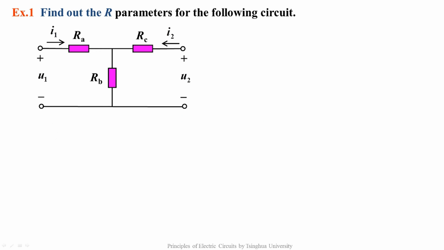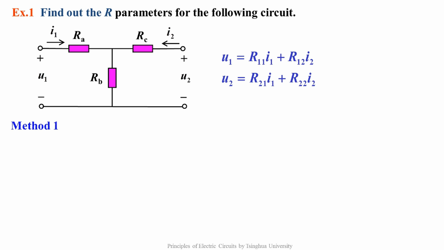Here is an example. Find out the R parameters for the two-port. This is the R parameters equations. The first method is the experimental measurements.